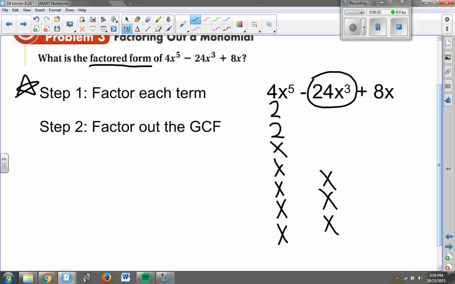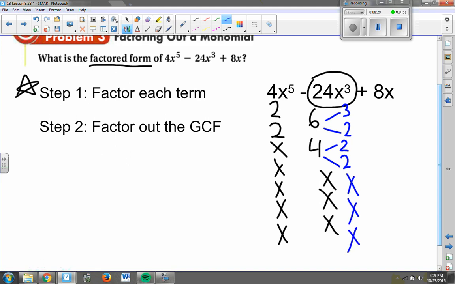Well, I think I can do 6 times 4, certainly. But I think I can factor those again, so I'm going to do that. 6 can factor to 3 and 2. 4 can factor to 2 and 2. So really I have 3 times 2 times 2 times 2 times x times x times x.